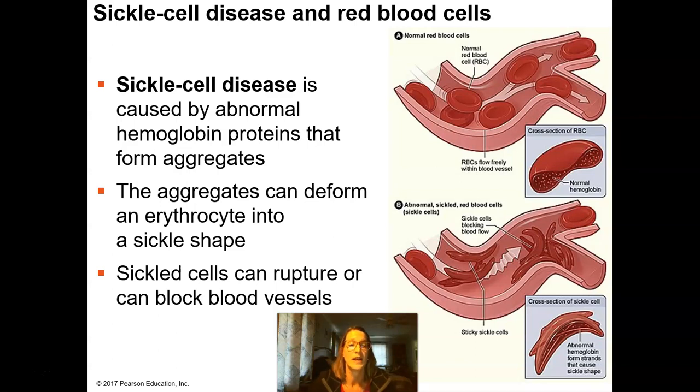And when that happens, first of all, the red blood cells become not nearly as good at carrying oxygen, and also they can rupture because they become so misshapen. And not only that, but they can't move through the blood vessels as well, and they can block blood vessels.